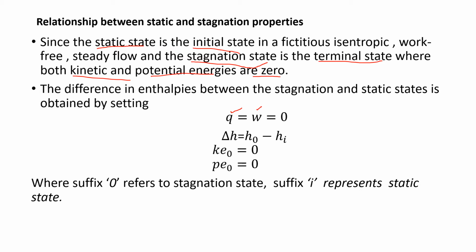In the stagnation state, kinetic and potential energy will be 0, and only remaining will be delta H. What is delta H? It is the difference of stagnation enthalpy minus static enthalpy. Here suffix 0 refers to stagnation state and suffix i refers to static state.